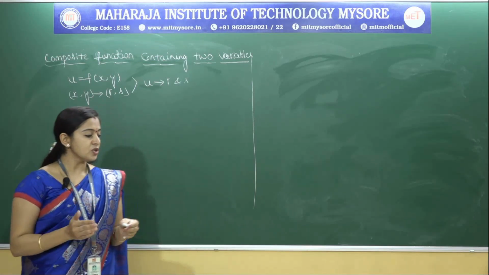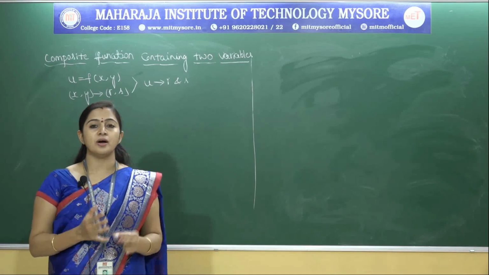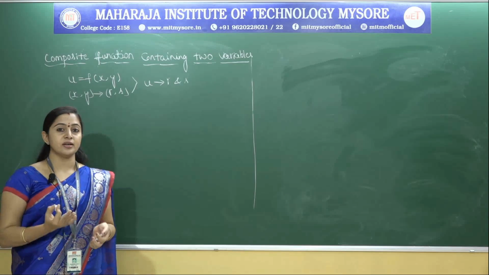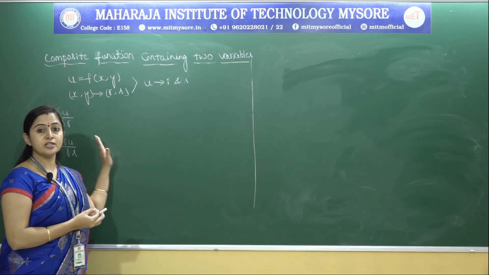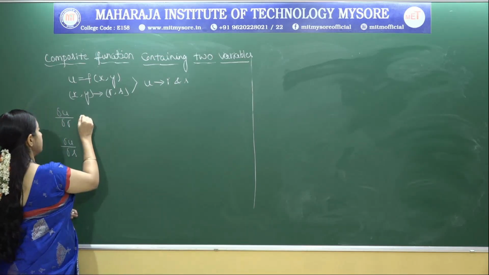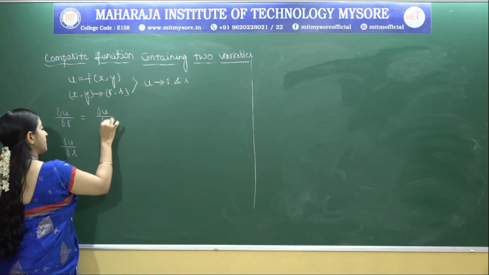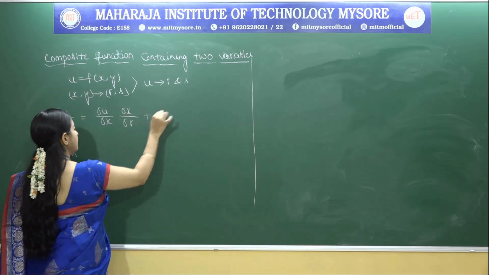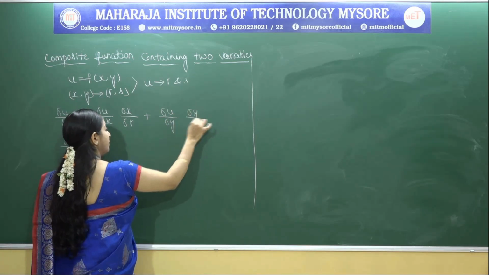Since here we use more than one variable, for the construction of the formula you use partial derivatives. So u is a composite function of r and s. You have to consider the formula for u with respect to r and u with respect to s in terms of x and y. The first formula is del u divided by del r: in terms of x and y, del u by del x into del x divided by del r, plus del u by del y into del y divided by del r.